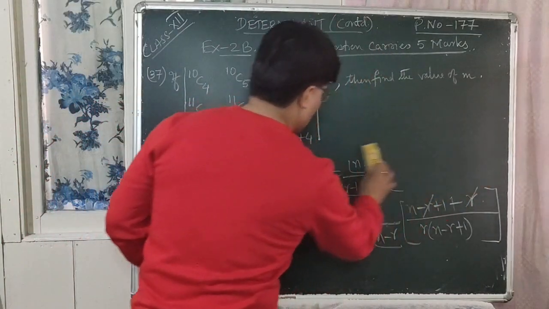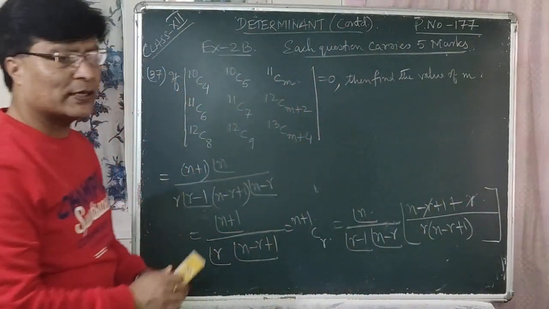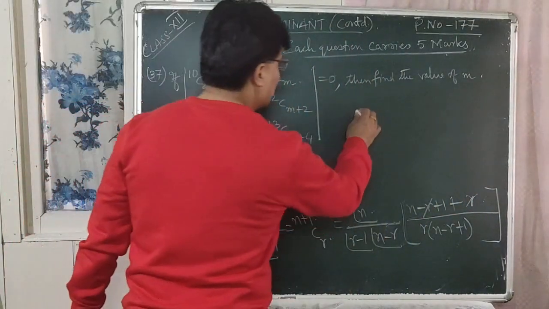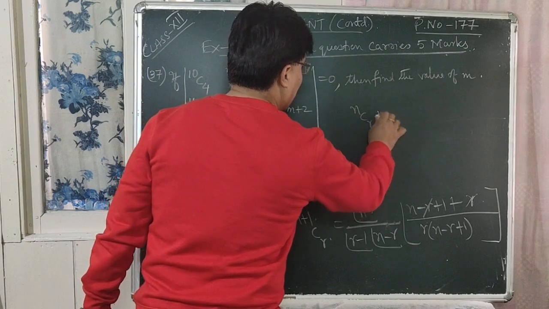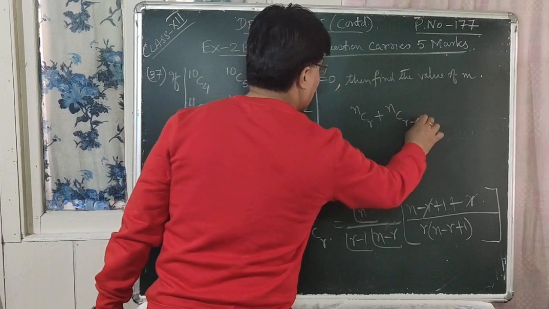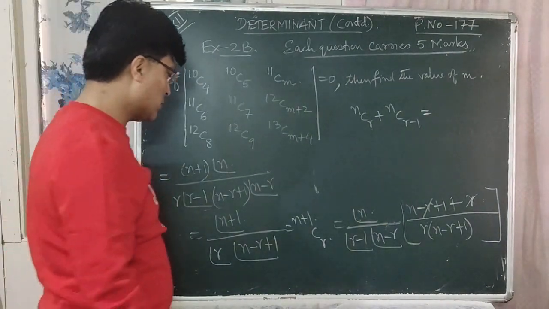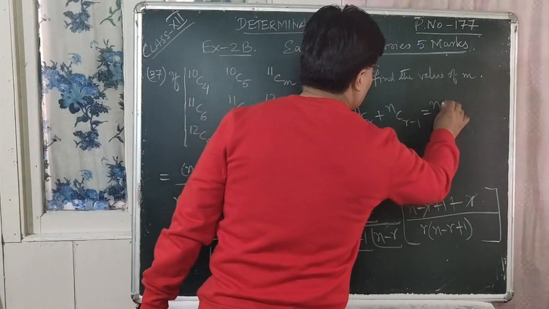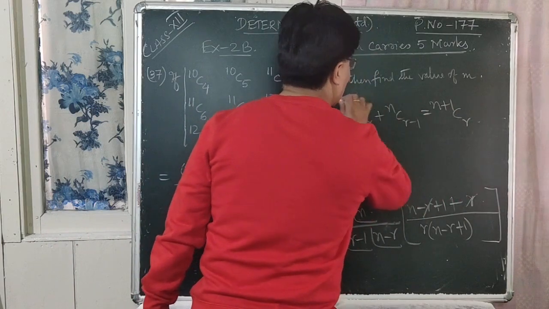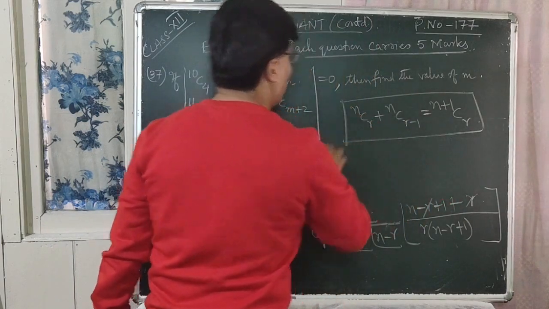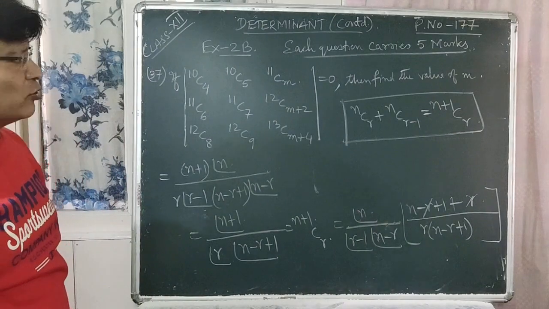So n plus 1 C r is the formula for what? nCr plus nC(r minus 1), right? nCr plus nC(r minus 1) is equal to, what is the formula here? It is n plus 1 C r. This formula you should remember.